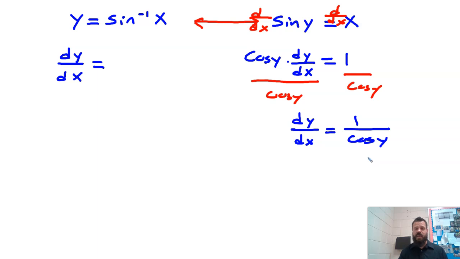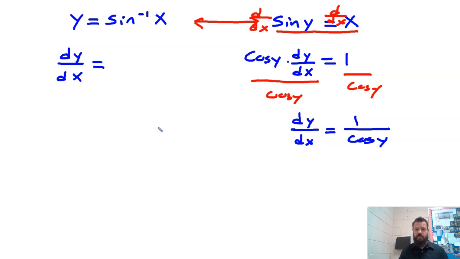Now, that's not looking too bad, but the issue we have here is notice my expression is in terms of y instead of x. So what we have here really isn't very helpful yet, but we can clean that up. Wouldn't it be nice to find cosine y in terms of x? We can do that using this relationship that sine y is equal to x.